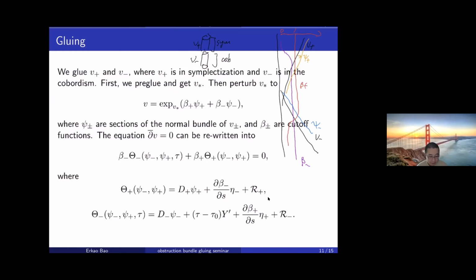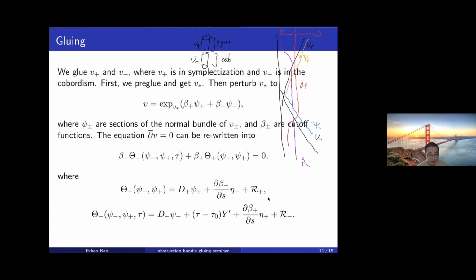And theta minus is a similar equation, but there's an additional term. We are doing the chain homotopy, so there's an additional term that comes from the variation of the almost complex structure.